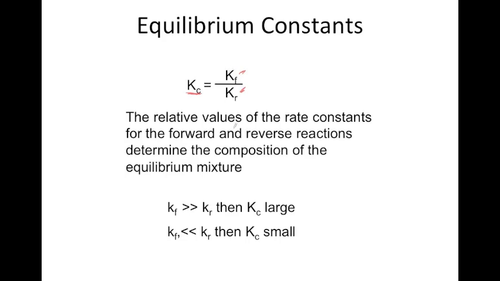So be sure to appreciate what the equilibrium constant is, how to write an equilibrium constant expression, what it means, the magnitude of the equilibrium constant, and then also appreciate how the equilibrium constant is derived using the rate laws.